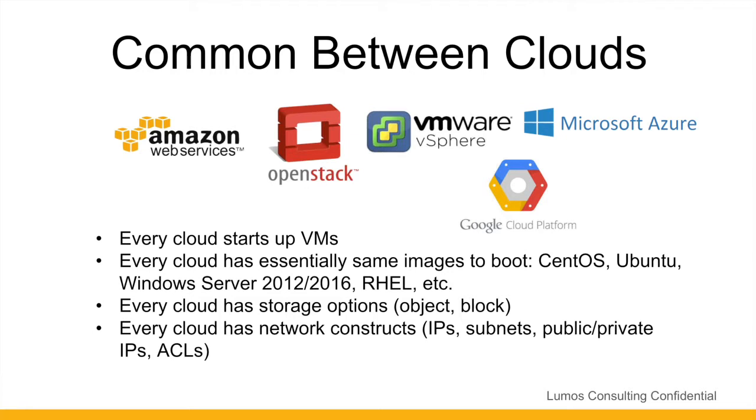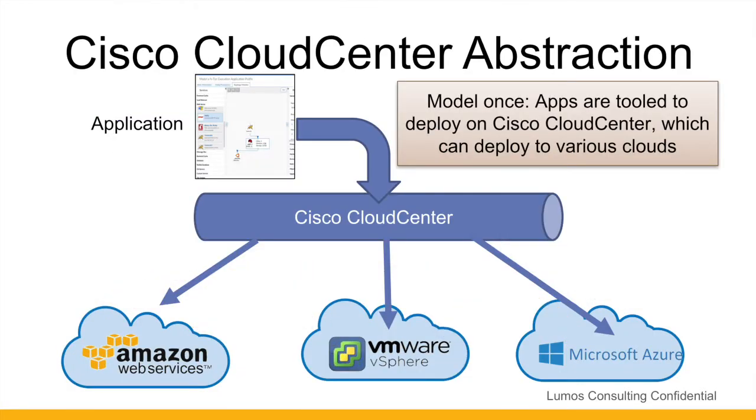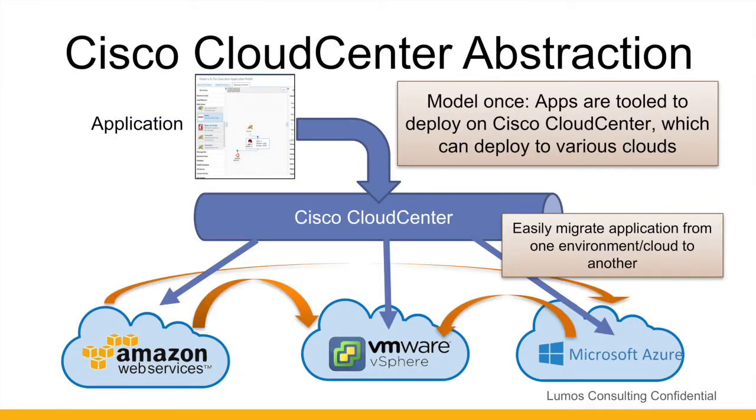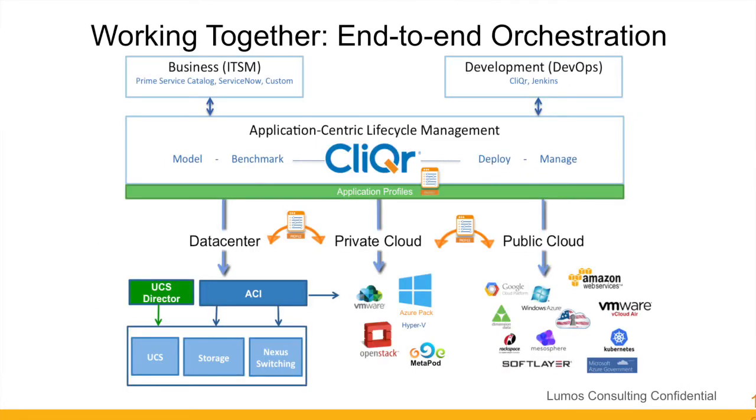So they're all providing essentially the same thing. So that's where CloudCenter comes into play, because CloudCenter will then translate all of these primitives so that you can deploy your applications. You just tool it once for CloudCenter, and then CloudCenter will then be able to deploy it for any of the supported platforms.